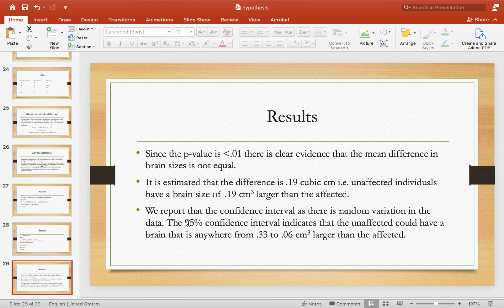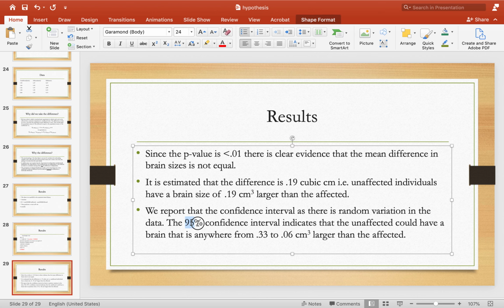But if you examine the assumptions, the 15 data points obey a lot of statistical properties that make this really nice. Okay. The 95% confidence interval is a kind of measure of variability in the difference that you might expect. So instead of it always being equal to 0.19 cubic centimeters, it's saying there's some variability in the samples.